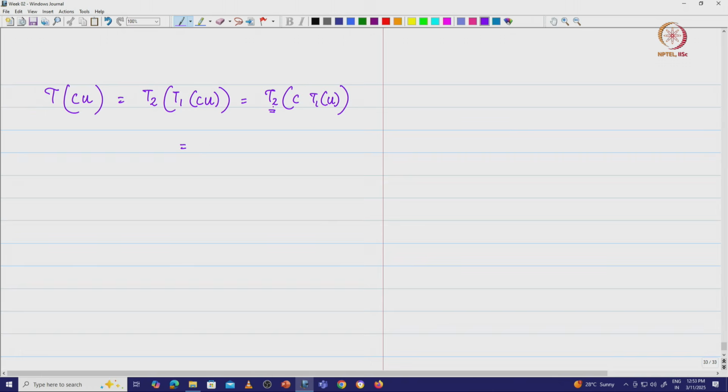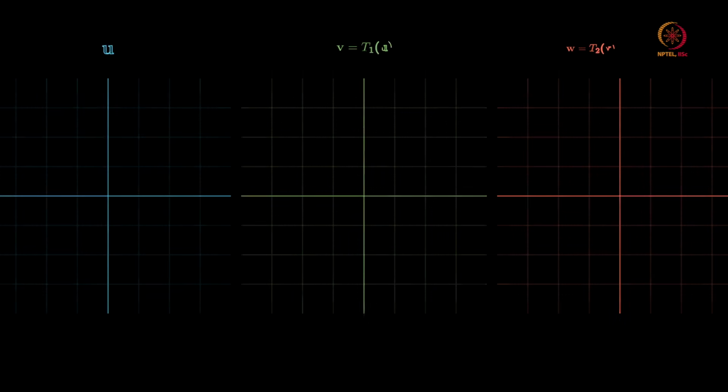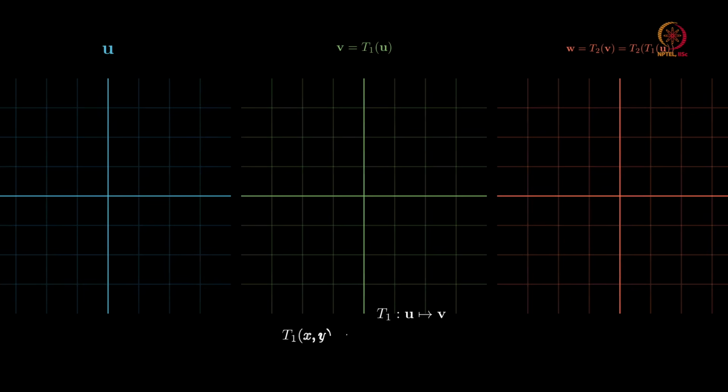So, T2 of a scalar multiple times a vector is nothing but the scalar multiple times the transformation. Therefore, T is equal to the composition T2 T1, which is a linear transformation.